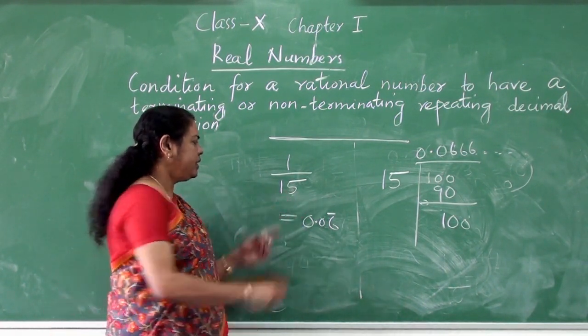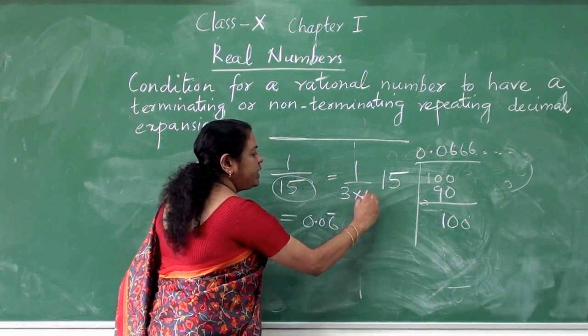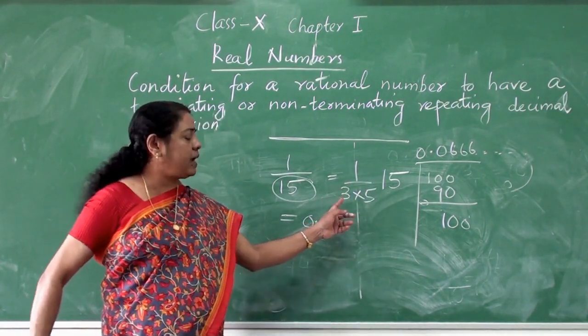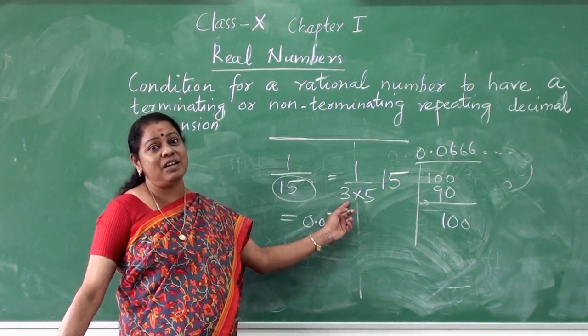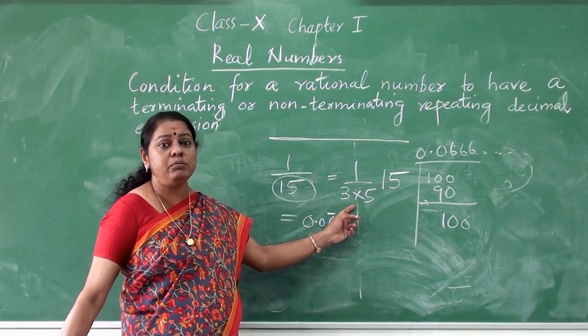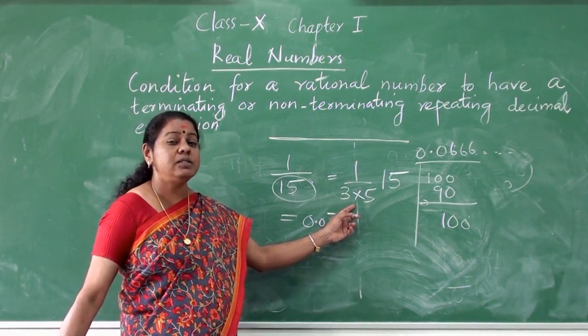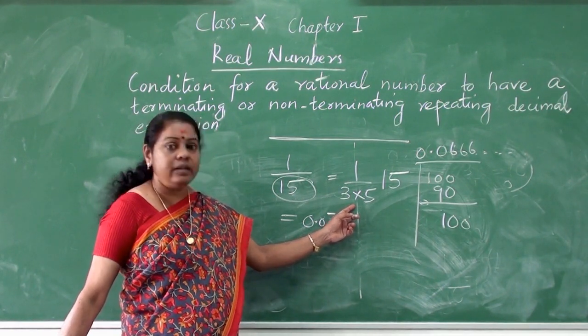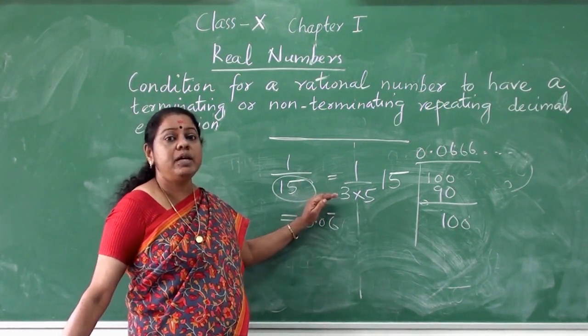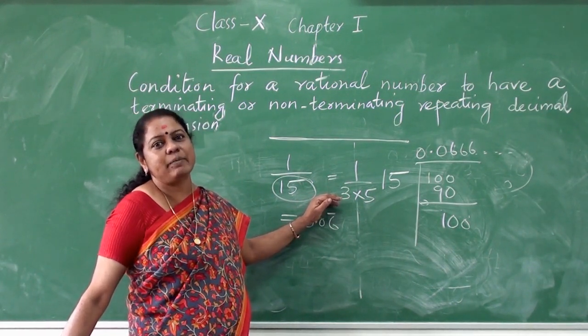Here also, what are the factors of the denominator? 15 is 3 into 5. It has a factor 3 other than 2's and 5's. So, if the denominator is not of the form 2 raised to n into 5 raised to m, then the rational number has a non-terminating repeating decimal expansion.